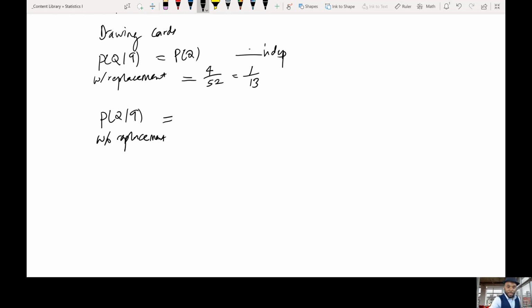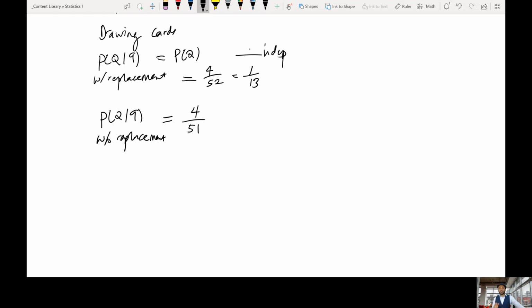So now the number of queens is still what? Still 4. But because I kept the 9 on the table, the sample space of my deck is now reduced by 1. It's no more 52, but it's now 51. So that will be 4 divided by 51.